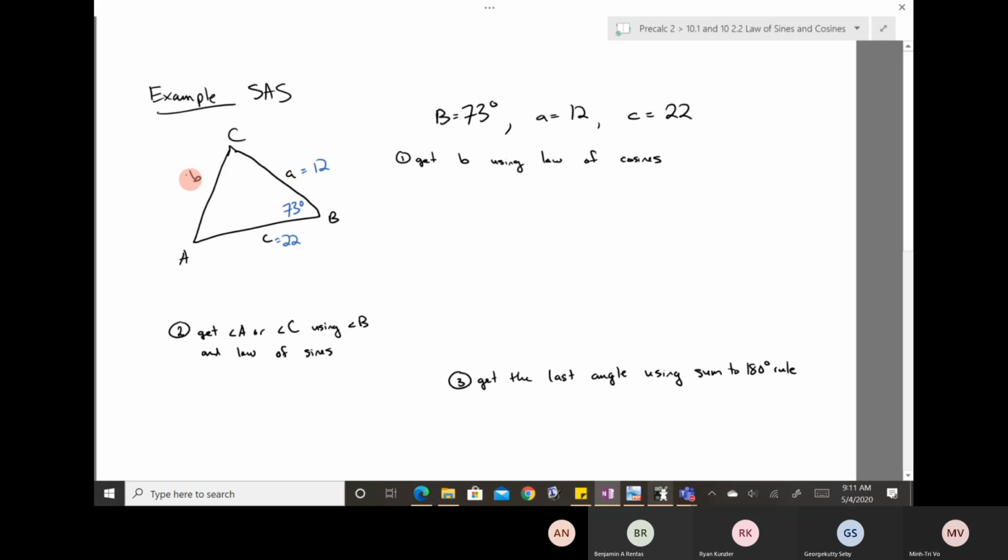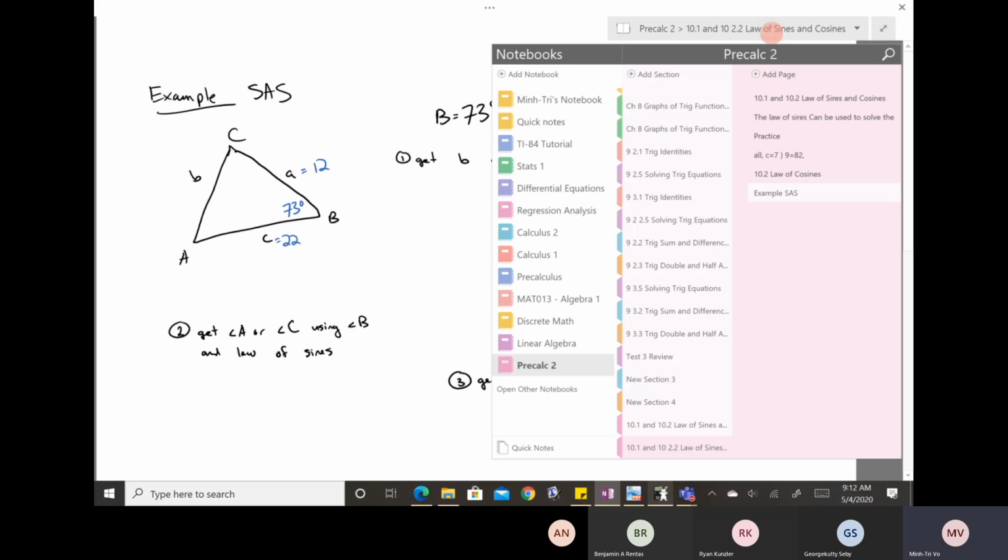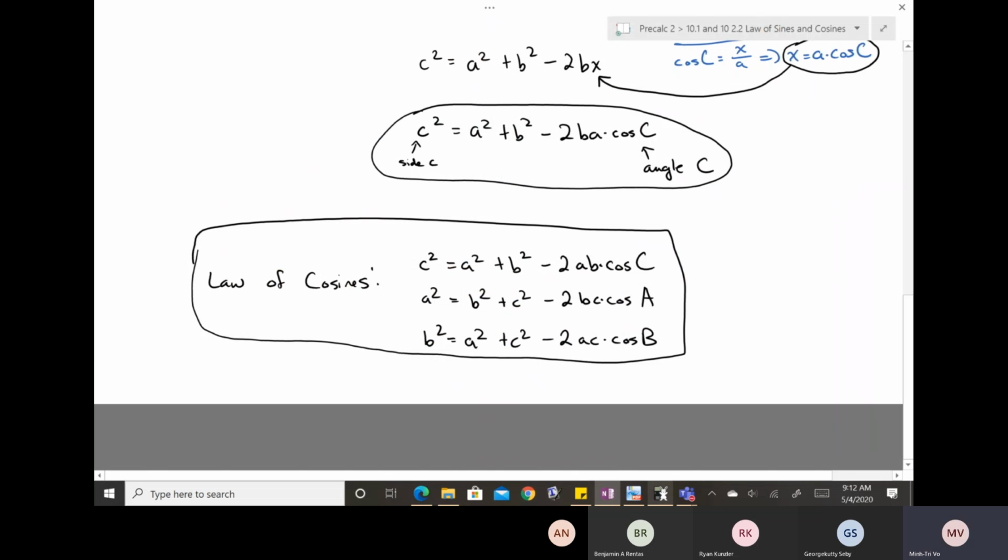Which of the three versions you use depends on which angle you're focusing on. Here we're focusing on angle B because that's the one we know, so we want to use the law of cosines with angle B. So B squared is A squared plus C squared minus 2AC cosine B. The way you remember is the thing squared here is the same as the angle.